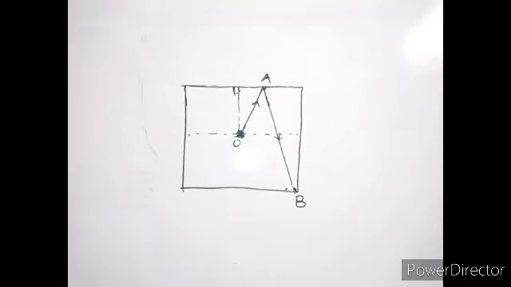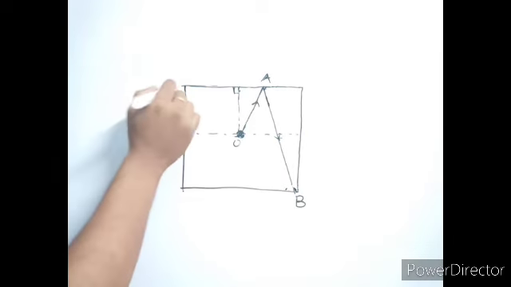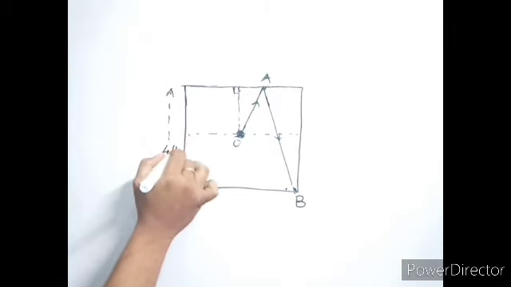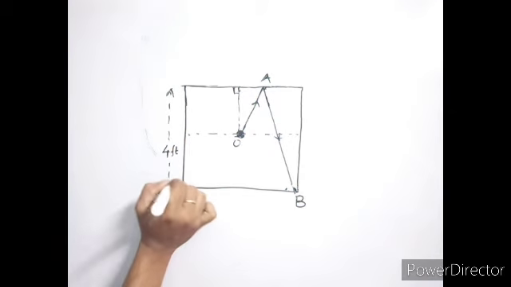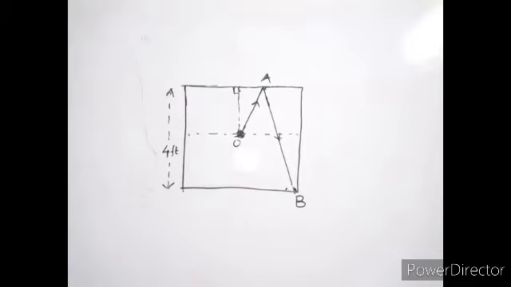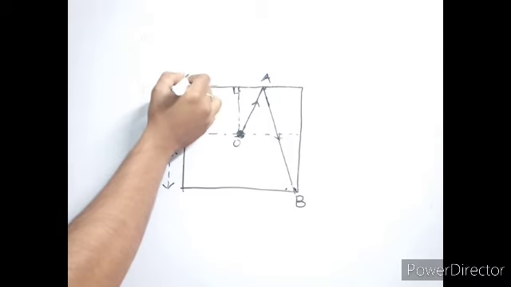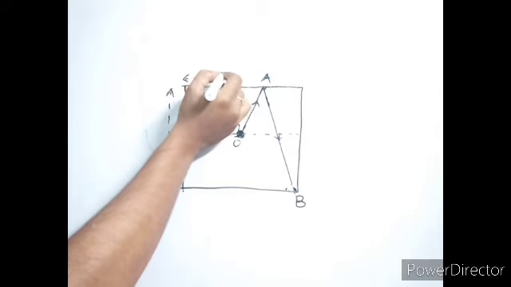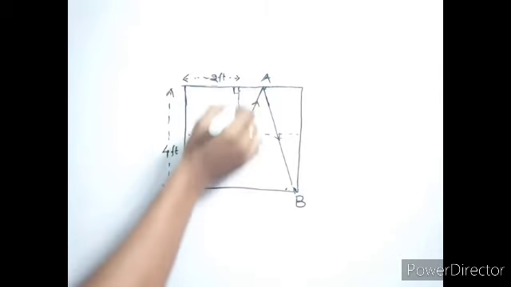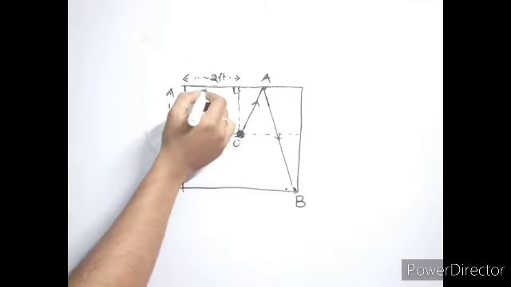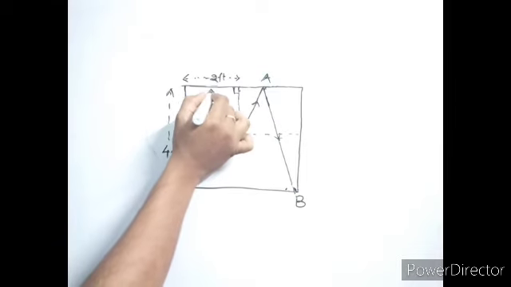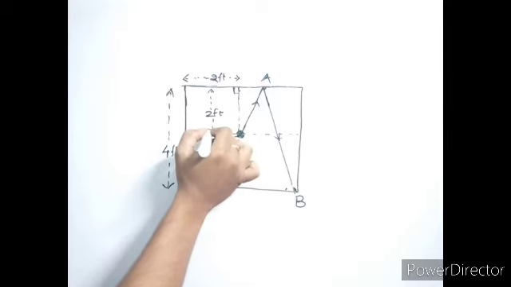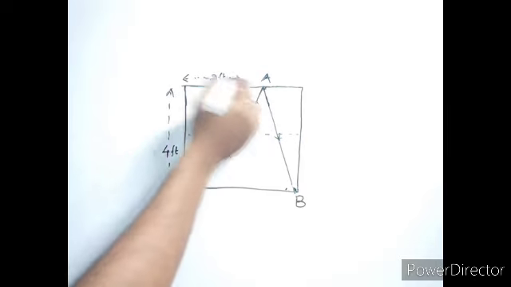Dropping the perpendicular on the front edge, this entire length is 4 feet as per the question, and the other length is 4 feet as well, but considering the perpendicular bisector dropped, we have the distance to be 2 feet and 2 feet respectively in the horizontal and the vertical directions.